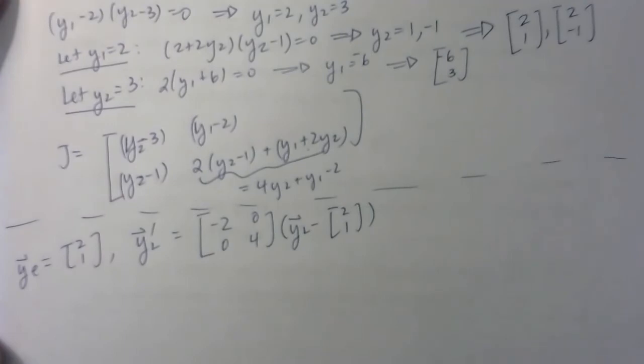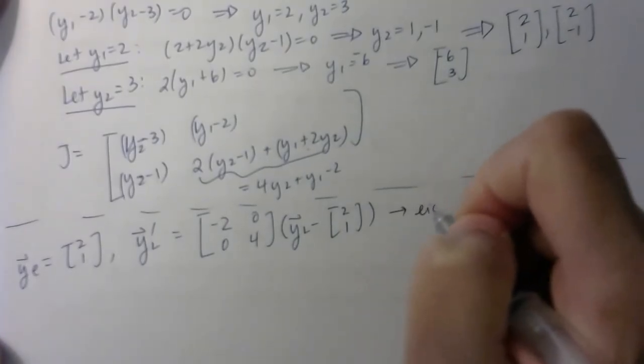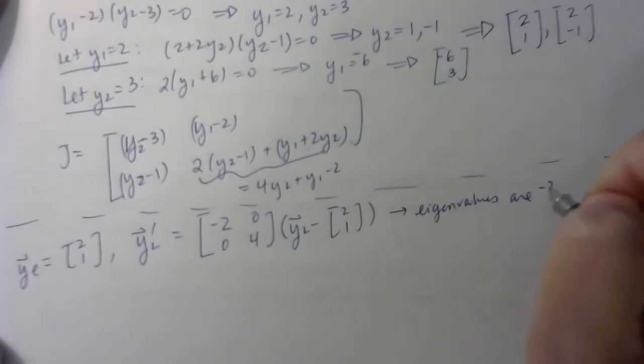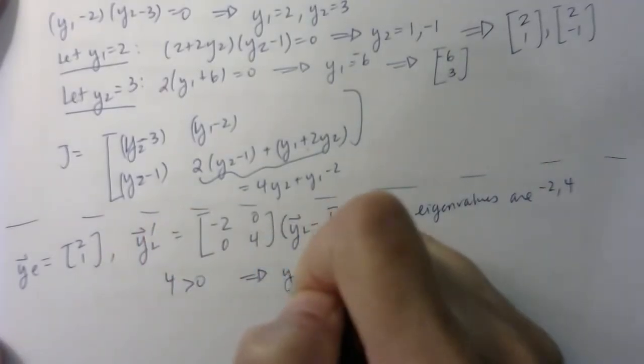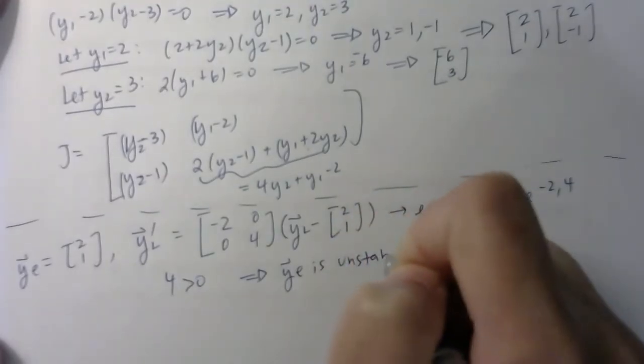This, right? Okay. So in this case, the eigenvalues, just diagonal, so they're minus 2 and 4. 4 greater than 0 implies that YE is unstable.